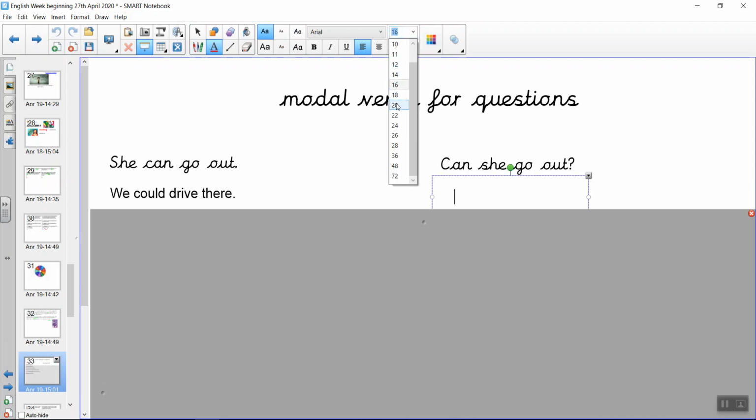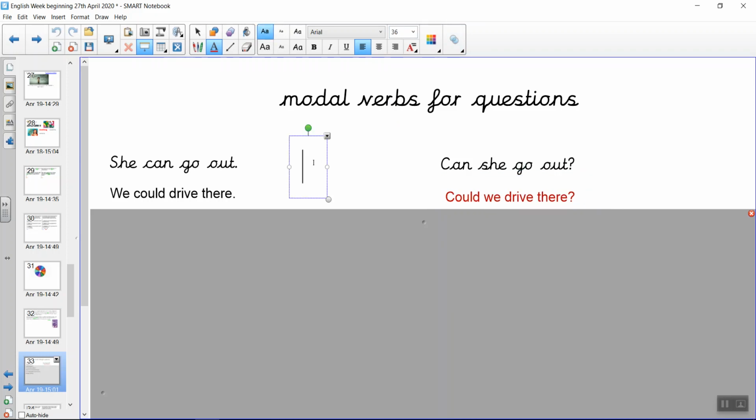That would become, could we drive there? We've taken the modal verb could and popped it to the beginning of the sentence. We could drive there. Could we drive there?